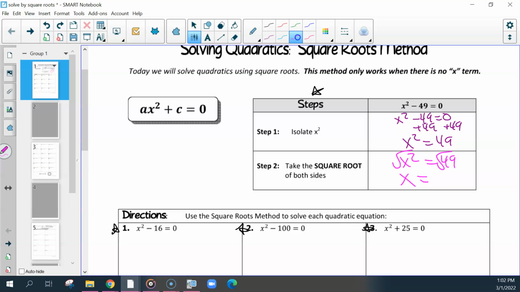Make sure you actually get your calculator, not using your calculator on your phone. Why? This is not my calculator.